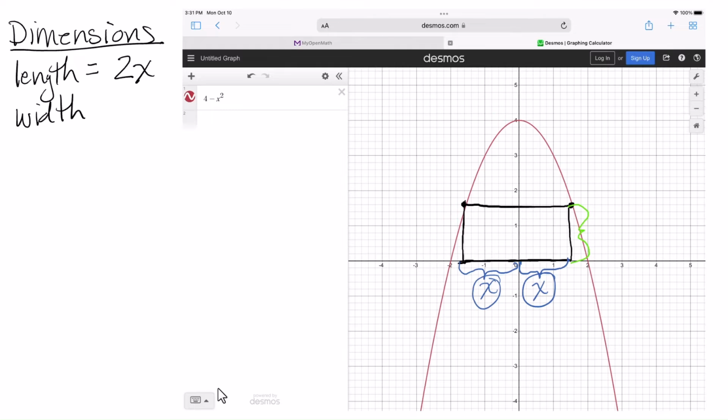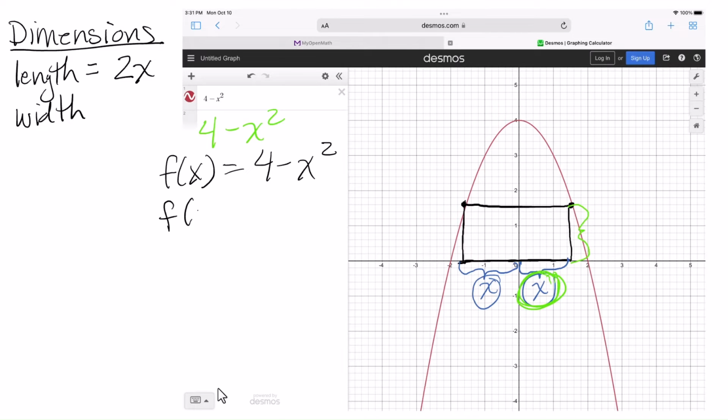And the whole key then is the parabola. If I plug an x value, whatever this x value is, into my parabola 4 minus x squared, I get out my y value. Let's just look at an example here. I've got f of x, my function, 4 minus x squared.